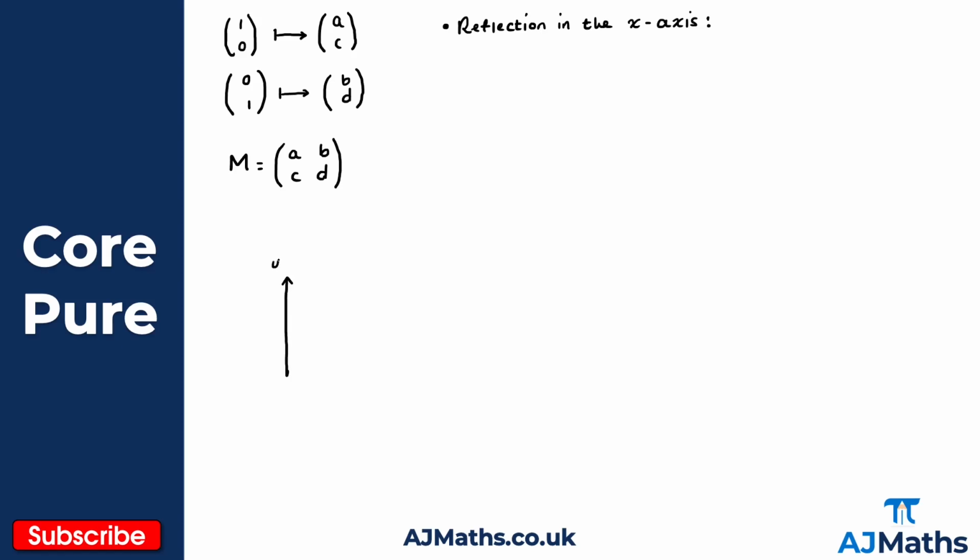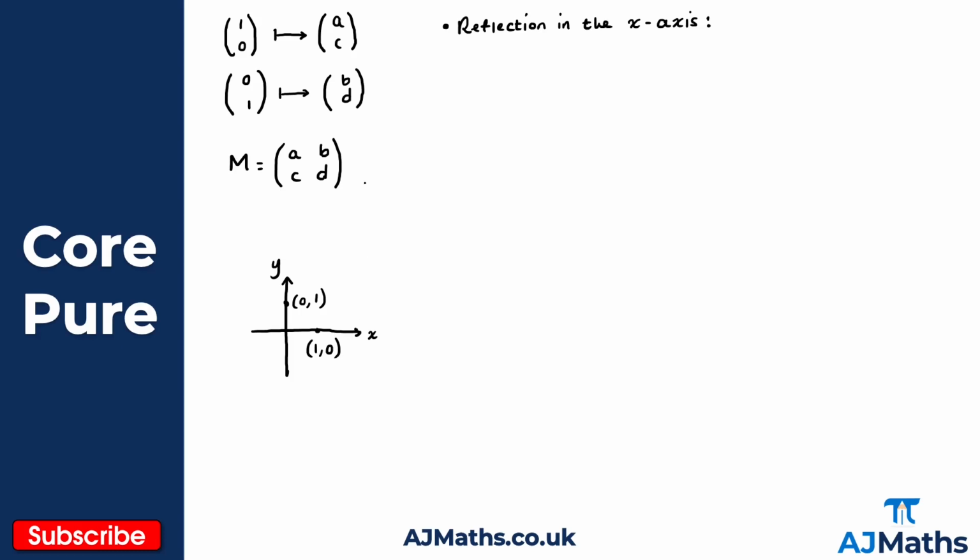That's my y-axis, and this is my x-axis. So these 2 points, (1, 0) and (0, 1). Under a reflection in the x-axis, what I can see is (1, 0) would map to itself.